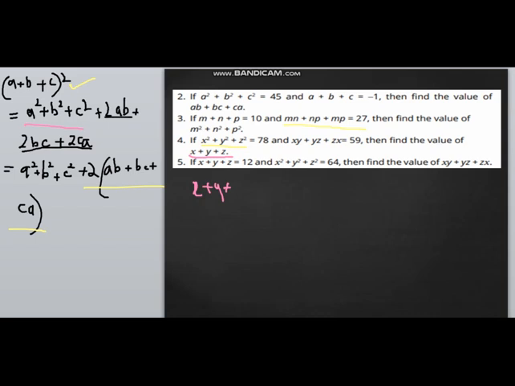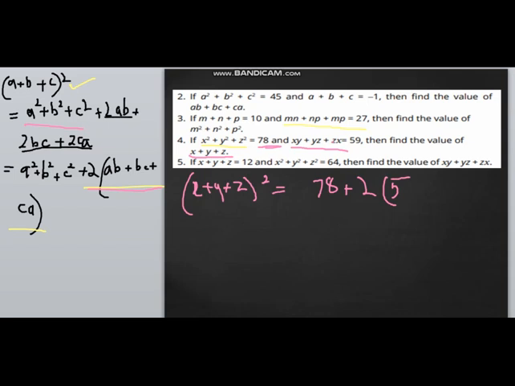According to the formula, we have (x + y + z) whole squared is equal to a squared plus b squared plus c squared, which is 78 here, x squared plus y squared plus z squared, plus 2 times (ab plus bc plus ca), xy plus yz plus zx, which is 59.